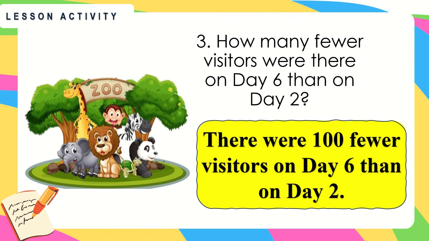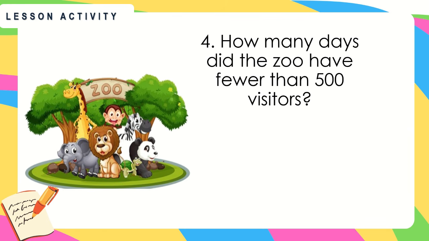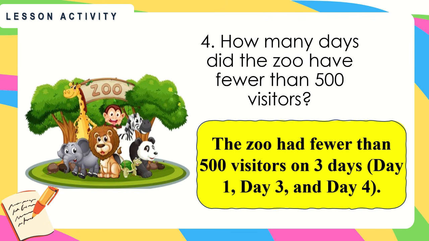You're right. There were 100 fewer visitors on day 6 than on day 2. How many days did the zoo have fewer than 500 visitors? The zoo had fewer than 500 visitors on 3 days: day 1, day 3, and day 4.